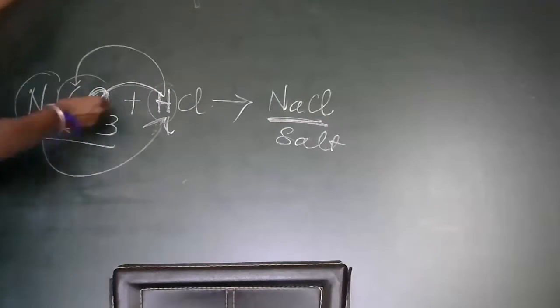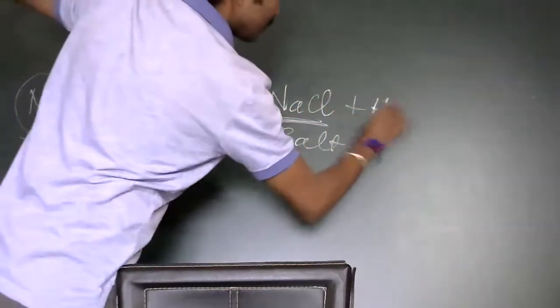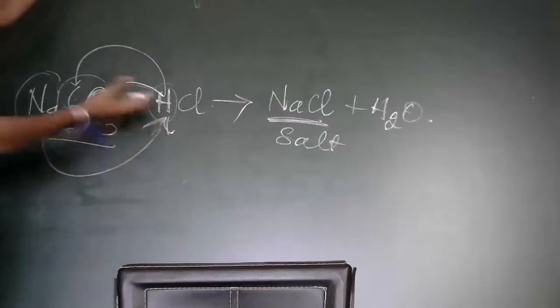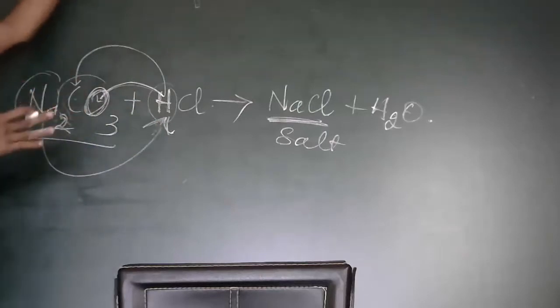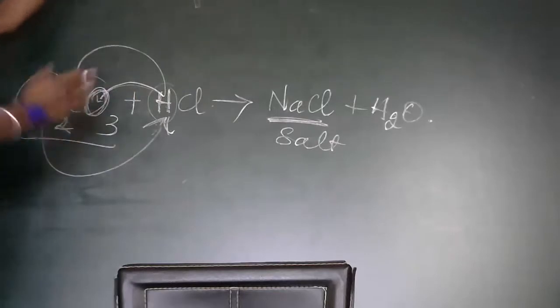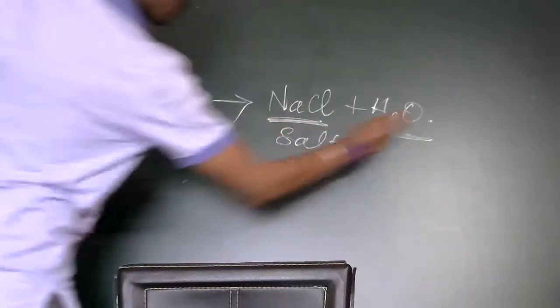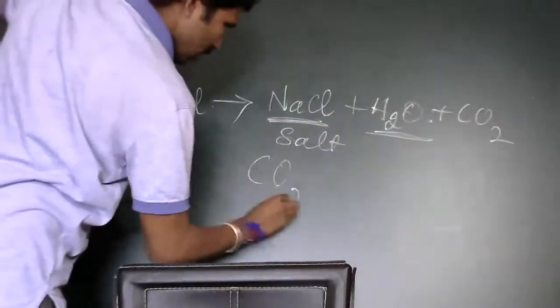So it reacts with the oxygen to form water. It is like a friendship. Hydrogen wants to be more friendly with oxygen, not with carbon. So it tries to become water only. Definitely one more product is formed, carbon dioxide.